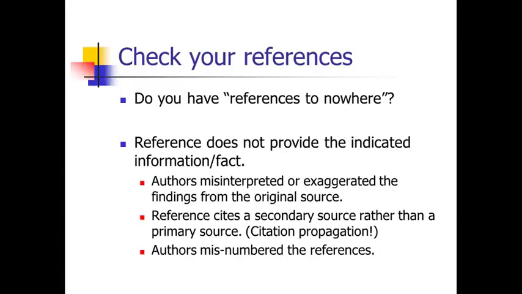It might be supported in some roundabout way, but not directly. So oftentimes those sources really don't back up the statement that the authors are writing in their paper where they're citing the source. Another really, really common problem is that the reference that the authors have cited actually is a secondary source and it's not the primary source. I call this citation propagation, and I'm going to talk a little bit more about that.